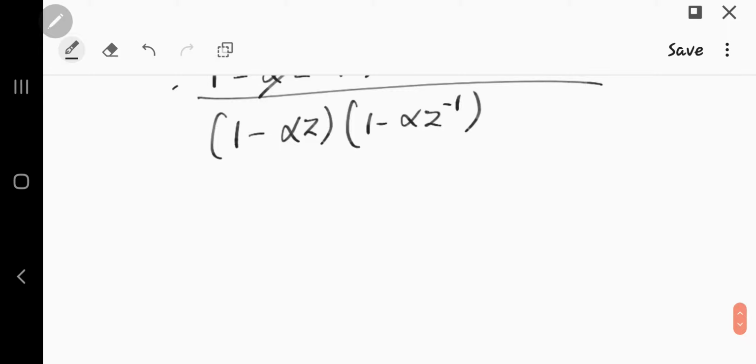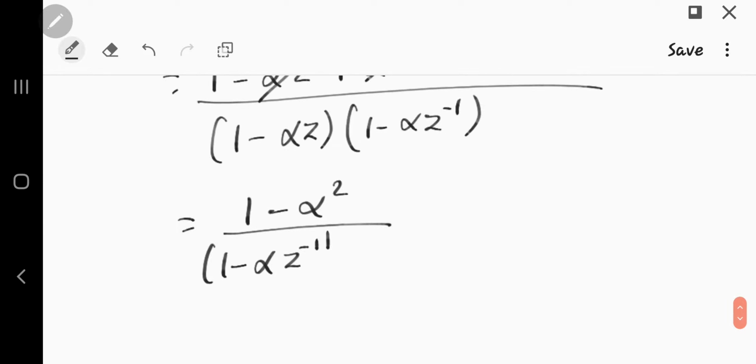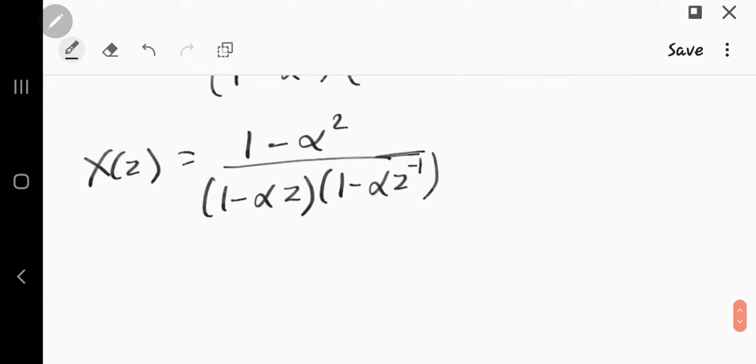So finally we'll end up with this term: 1 minus alpha square divided by 1 minus alpha z, 1 minus alpha z inverse. So this is x of z.